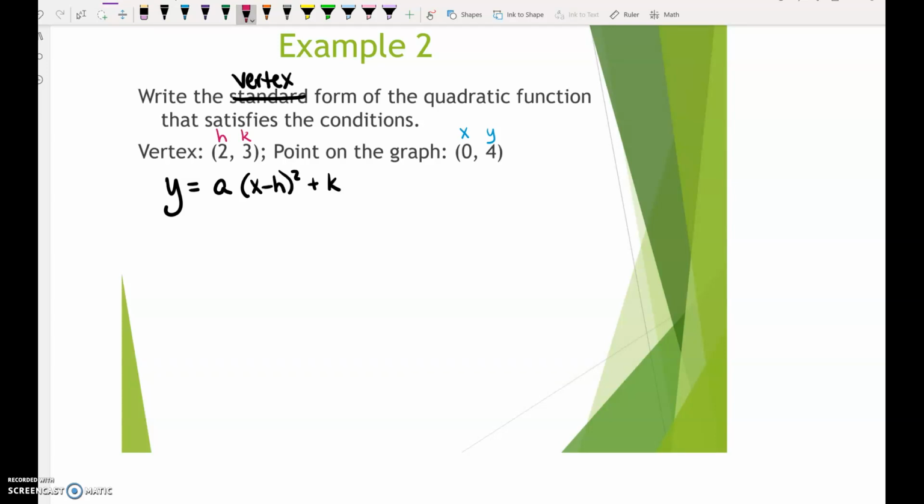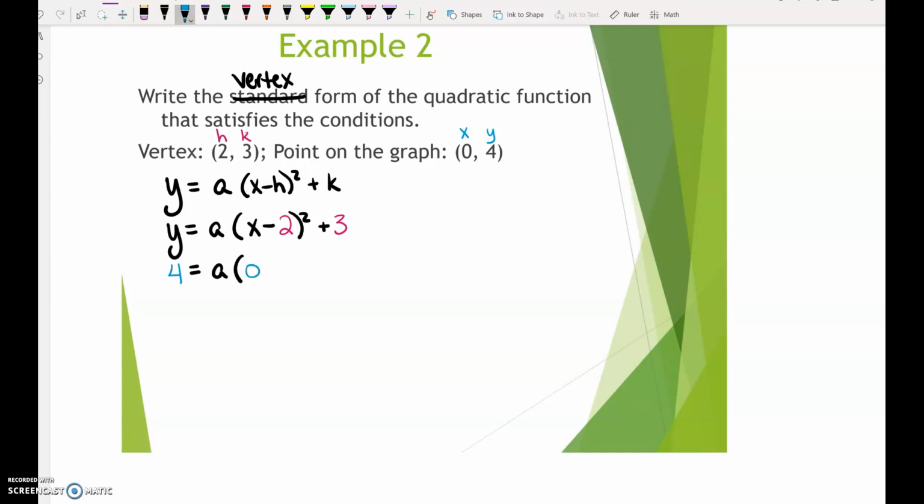My first step is to put my h in. So I'm going to have y equals A times x minus 2 squared plus 3. My next step is to put my x and y in. So y is 4.